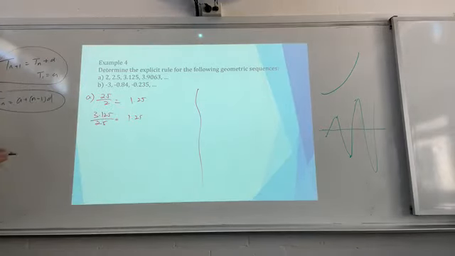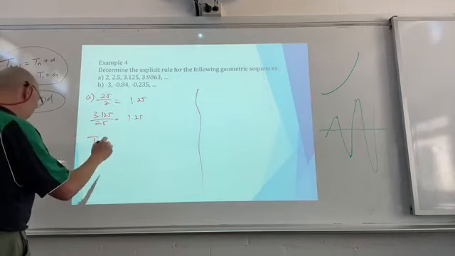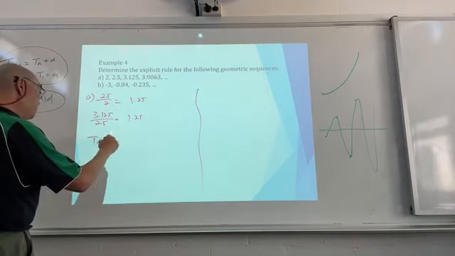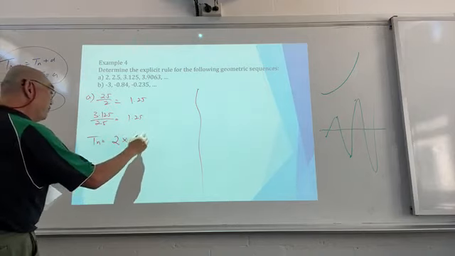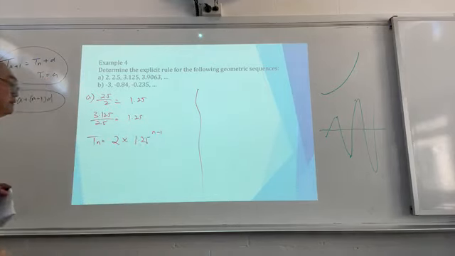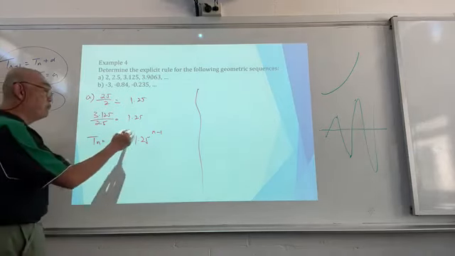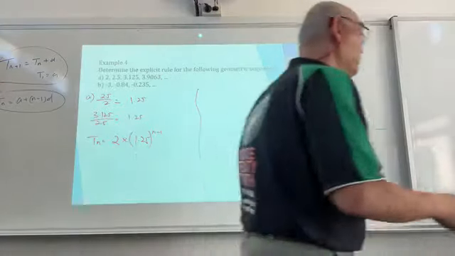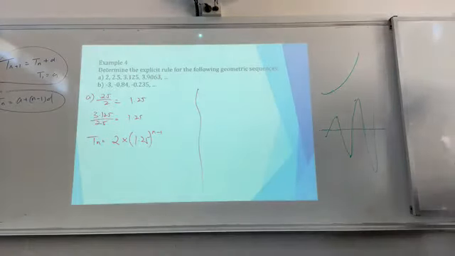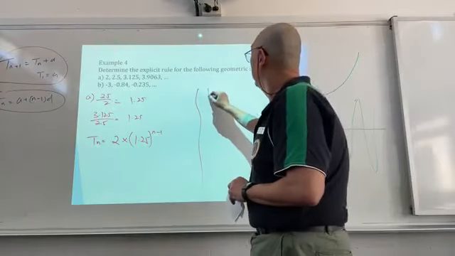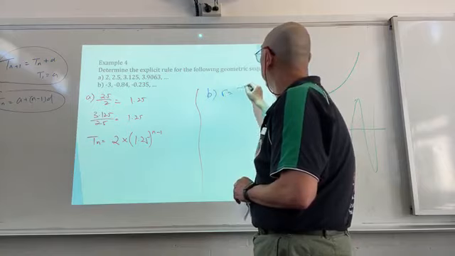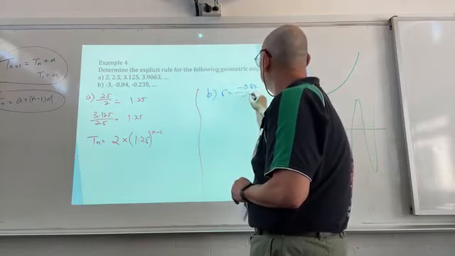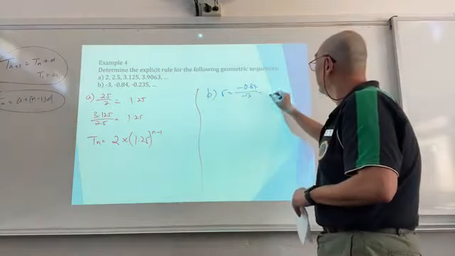Okay. All right. So therefore, Tn equals 2 times 1.25 to the power of n minus 1. All right? Now, if you have a negative number, I will advise you to put a bracket. It's worthwhile having a bracket if you have got a negative number. That's fine. And the next one, r equals minus 0.84 divided by minus 3 equals 0.28.